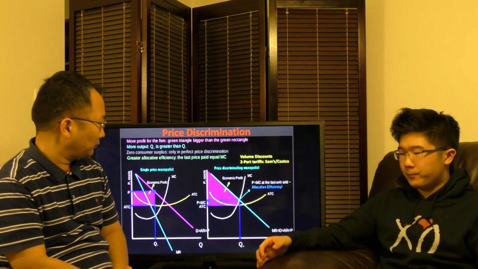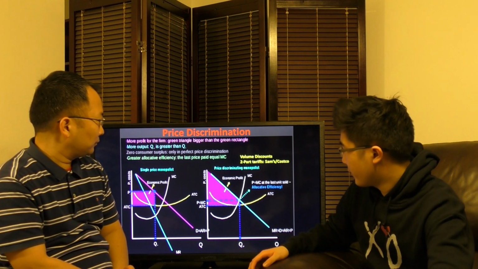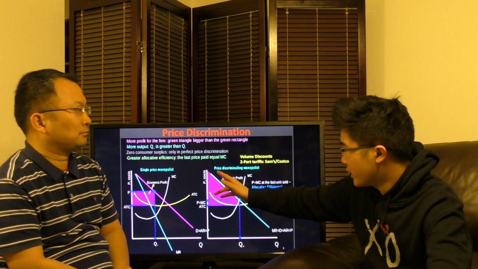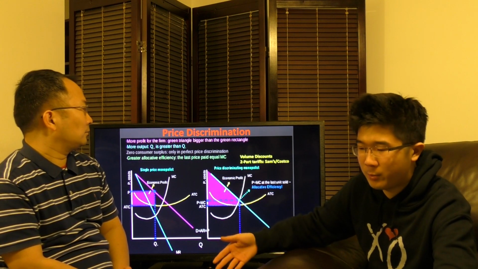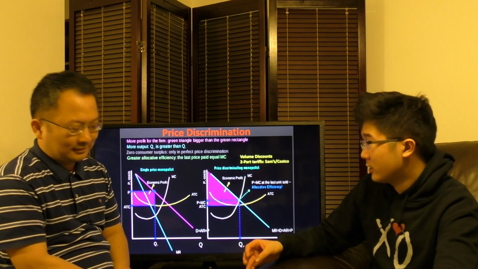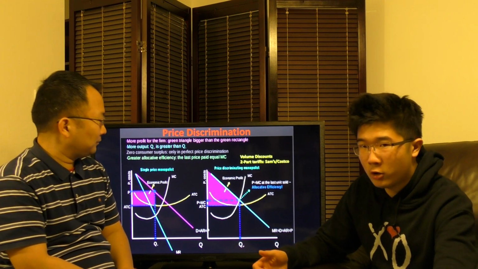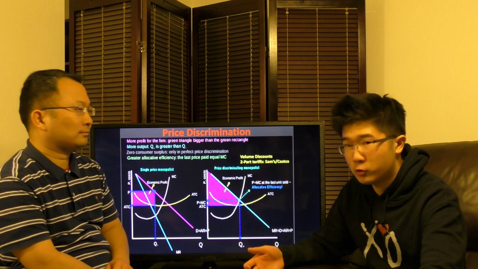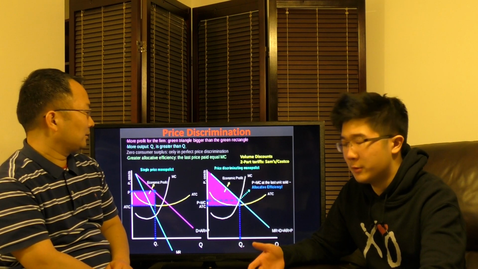For instance, they will charge the highest price willing to be paid by each individual consumer, theoretically in a perfectly price discriminating monopolist. Now, of course, this is not always legal, but there are still ways to circumvent legal barriers and price discriminate to some level.